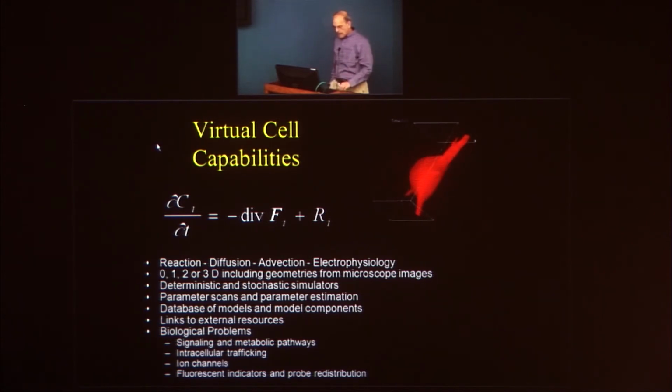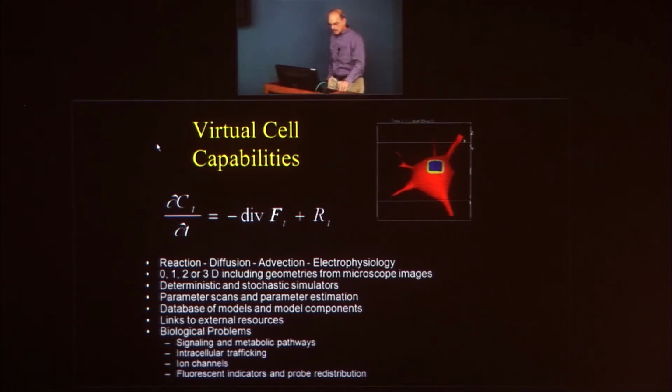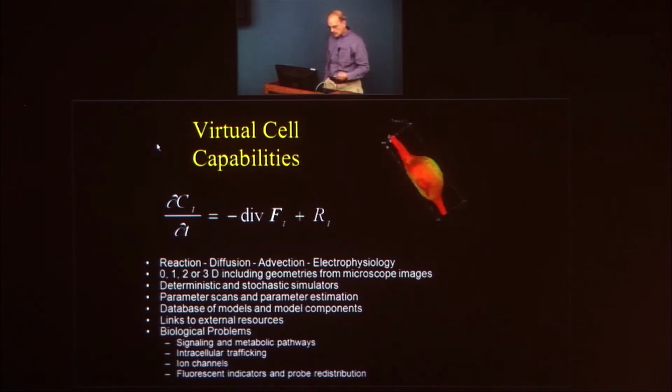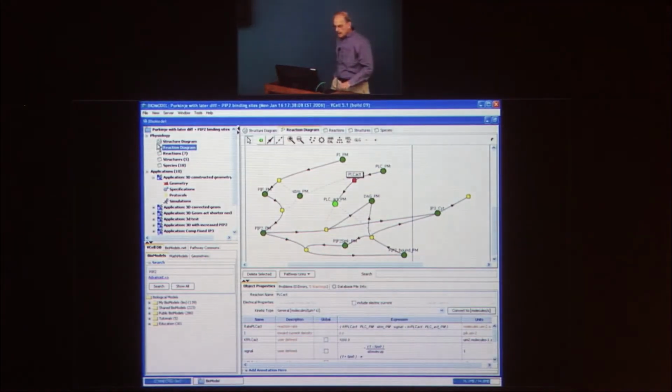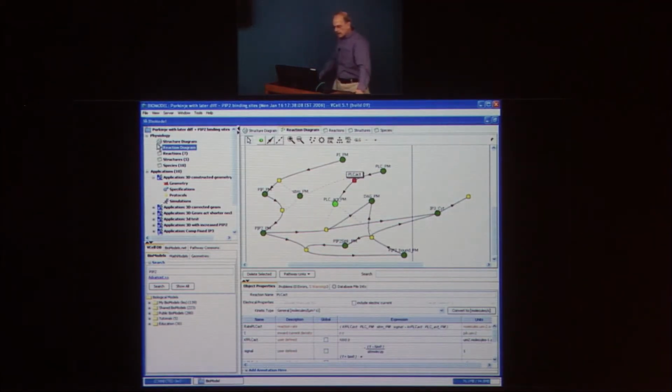And the class of biological problems are listed: signaling and metabolic pathways, intracellular trafficking, ion channels. We also are very often used by microscopists to try to analyze their experiments that use fluorescent indicators or probe distribution, FRAP experiments, FLIP experiments, FRED experiments, etc. This is a screenshot of the software user interface, at least one part of the software user interface.